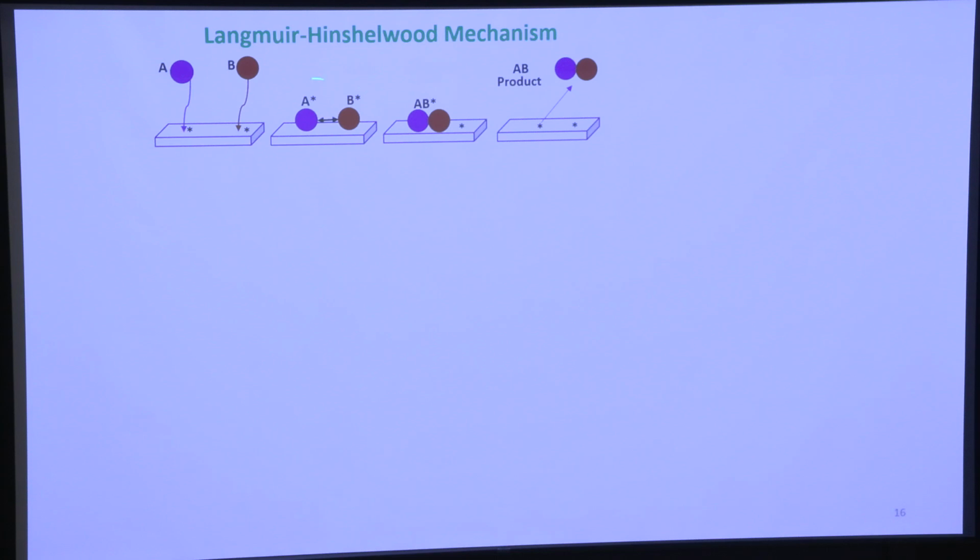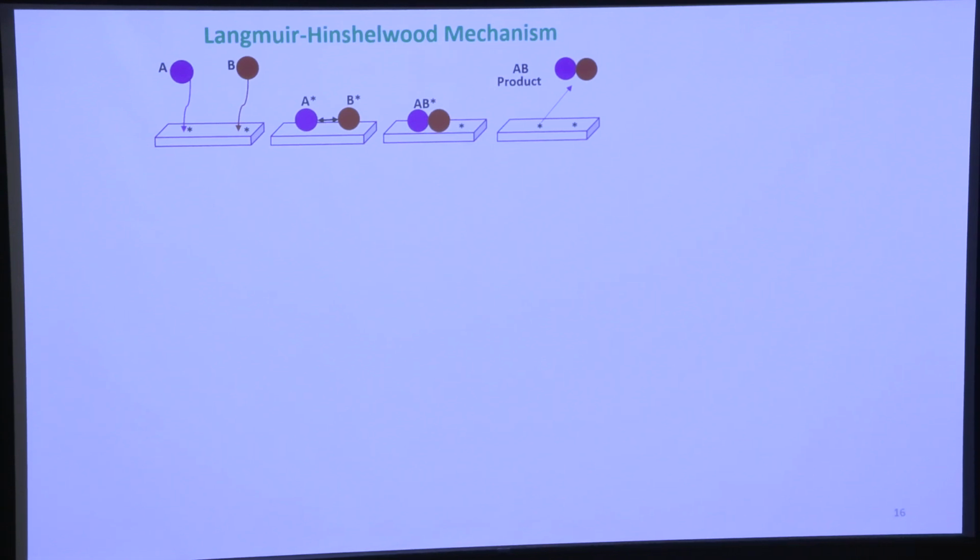Then we talk about the Langmuir-Hinshelwood mechanism, called the LH mechanism. It says I have molecule A adsorbed on the surface and molecule B adsorbed on the surface. These two surface species react, and then they desorb as a molecule. This is the LH mechanism.